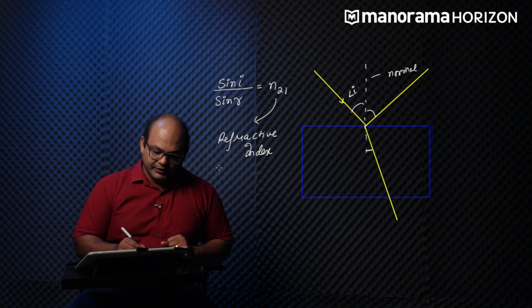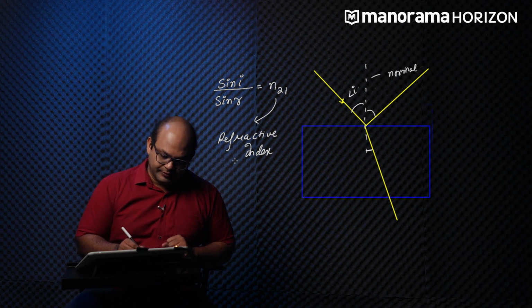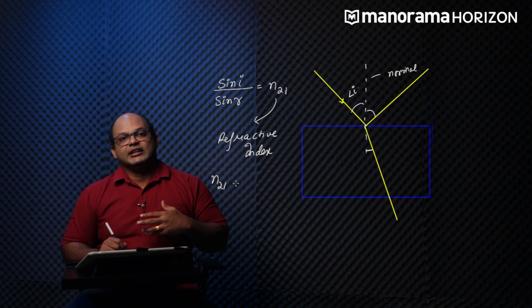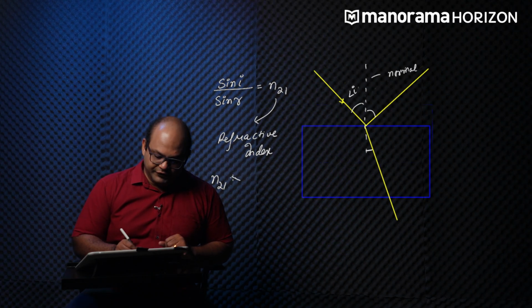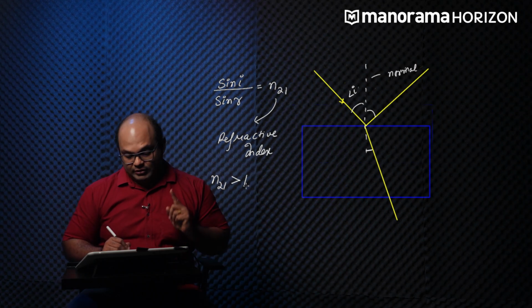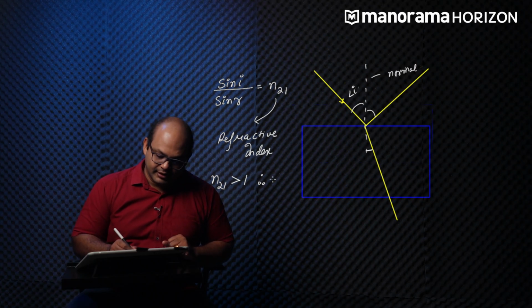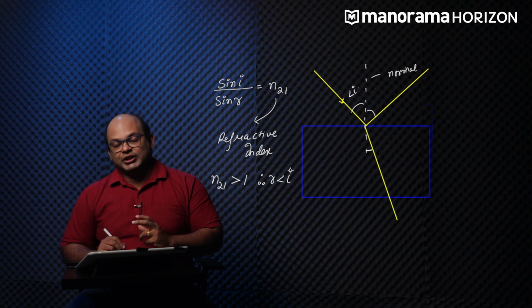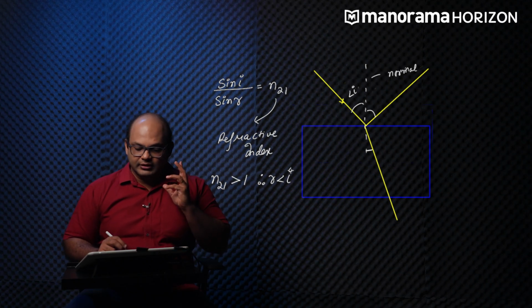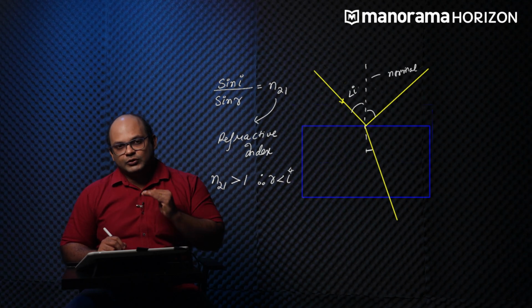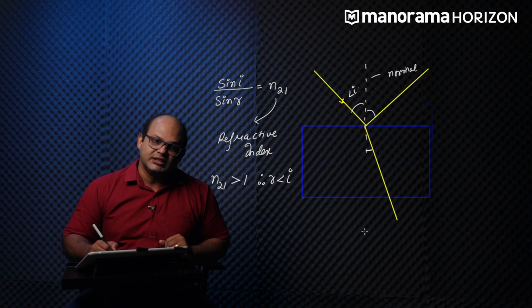Now, n21, by the way, is the refractive index of medium 2 with respect to medium 1. If this ratio is greater than 1, which implies that R is less than I, the angle of refraction is less than the angle of incidence, in that case, the ray that is refracting through the interface will bend towards the normal.